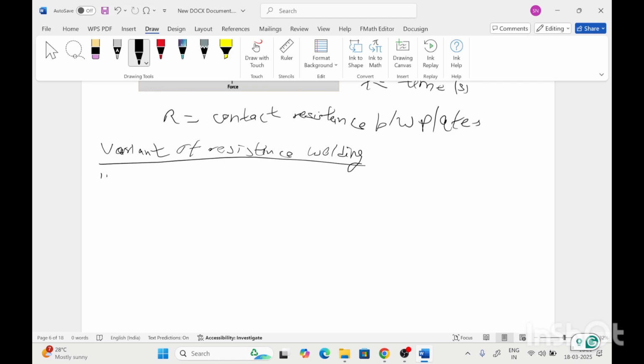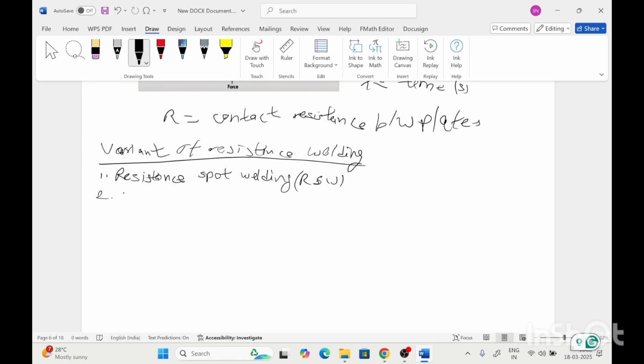First is resistance spot welding, RSW, where only one welding spot is created.